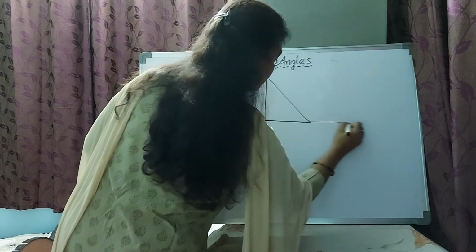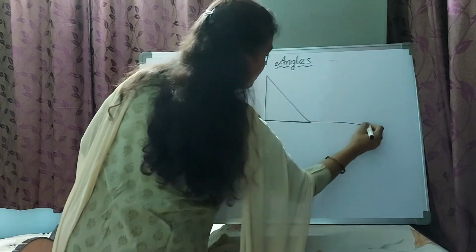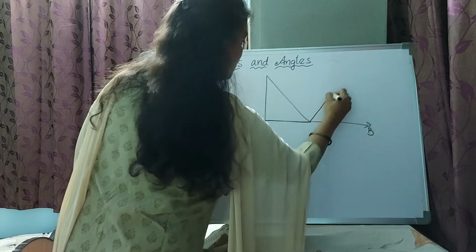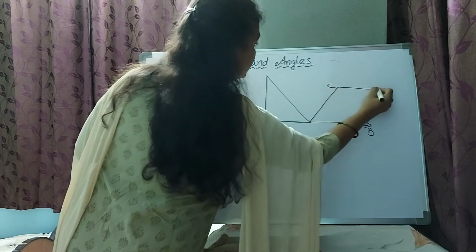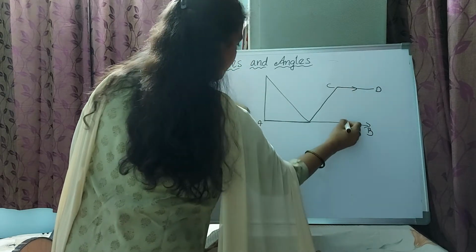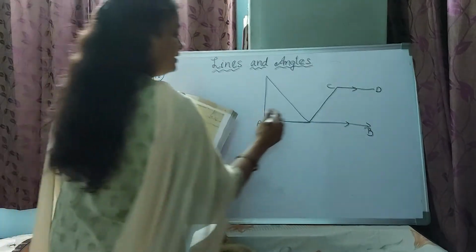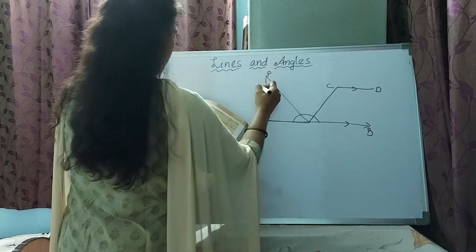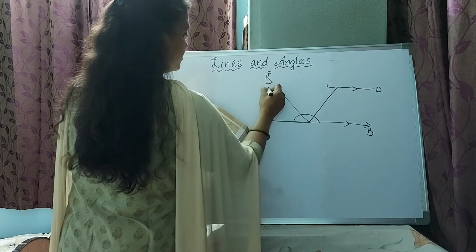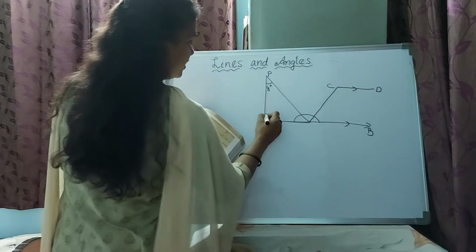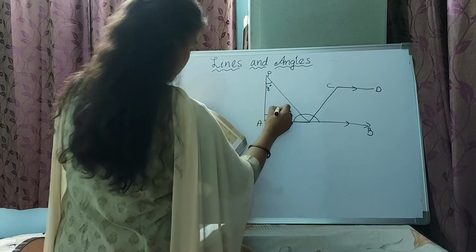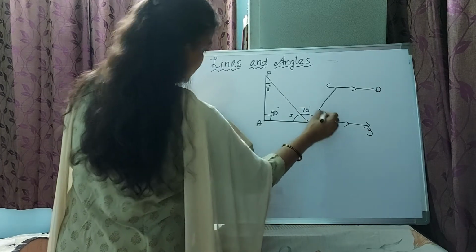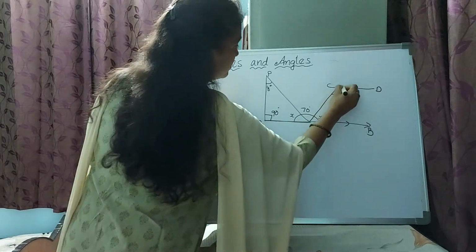AB is parallel to CD. These two lines are parallel, and here P is equal to Y degrees. We have to find out Y. Here 90 degrees, this one 70, this is X, and this one Z.